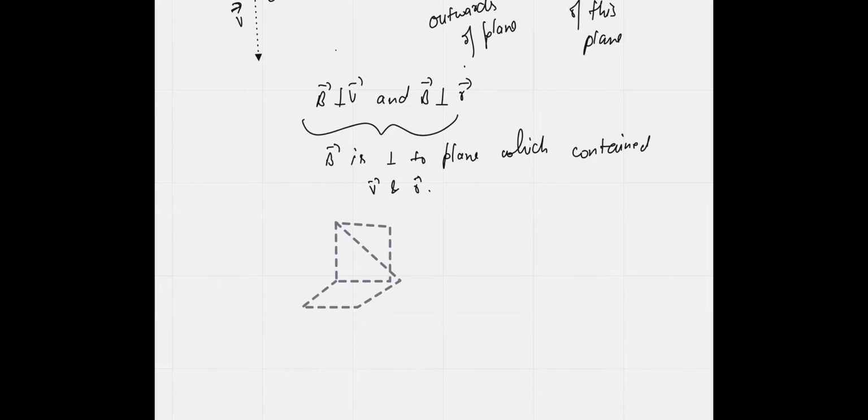This will help us represent the plane. Now this is representing a 3D cube, right?